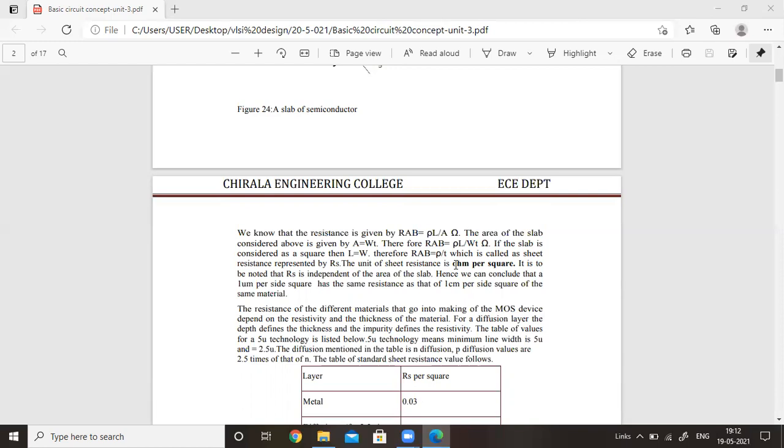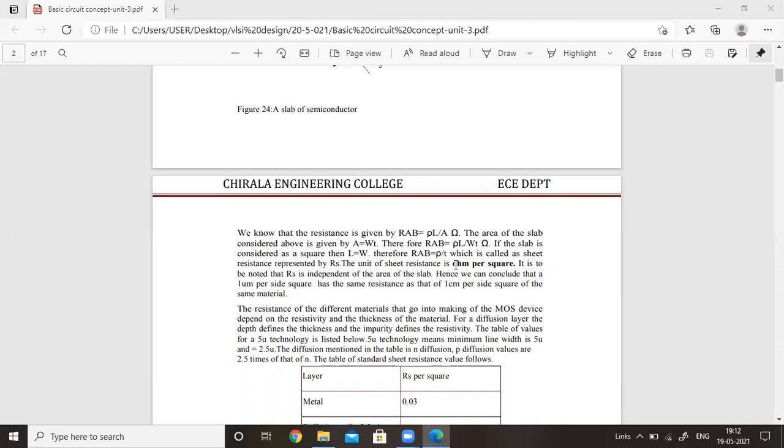For example, if you take the same material with different sizes, a 1 micrometer per side square has the same resistance as a 1 centimeter per side square.